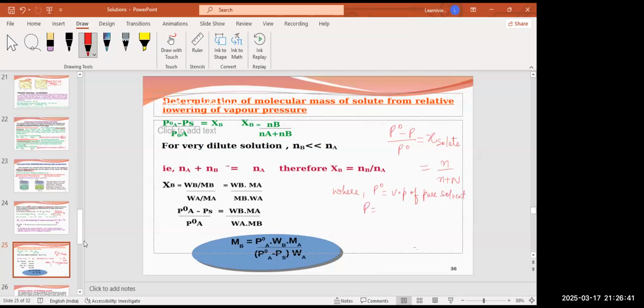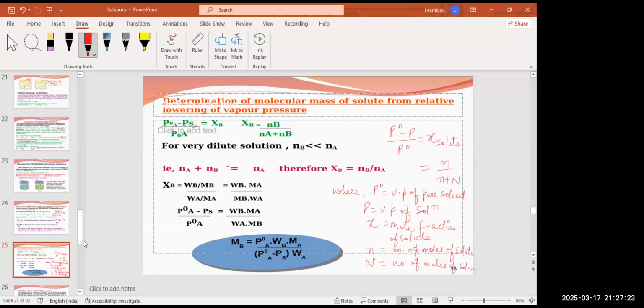And P here is the vapor pressure of the solution. X here is the mole fraction of solute, right? Small n here is the number of moles of solute. And what is capital N here? Capital N here is the number of moles of solvent.